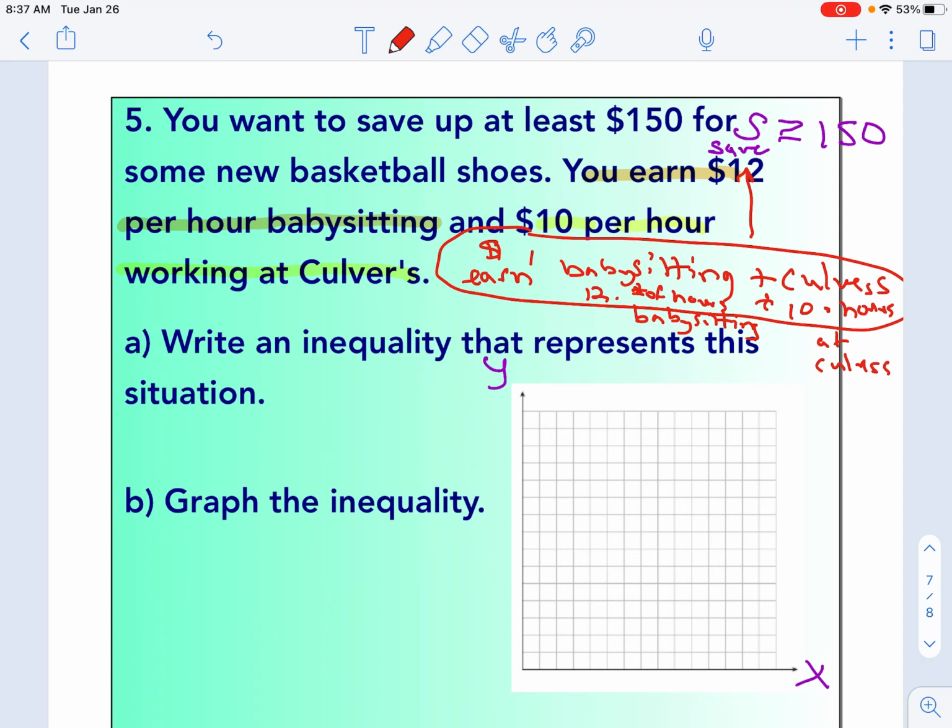So again, we're going to let variables represent. So let's let x equal the number of hours babysitting that you earn. And let y equal the number of hours you work at Culver's.